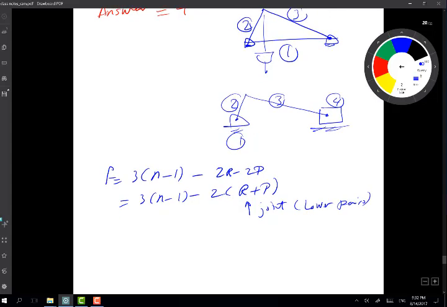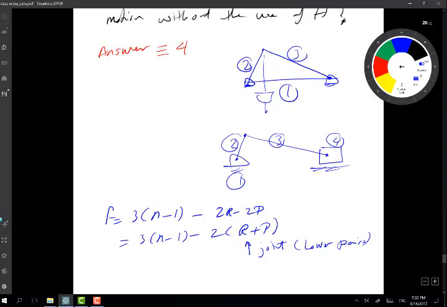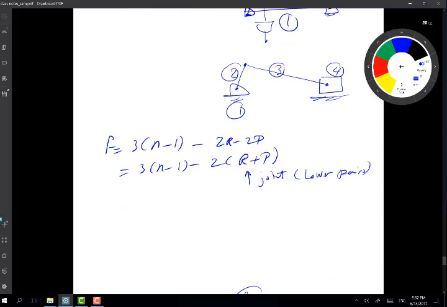Now I'm talking about the minimum, so a simple linkage, and you'll find that the joints, let me call them j for now, F = 3(n - 1) - 2j.